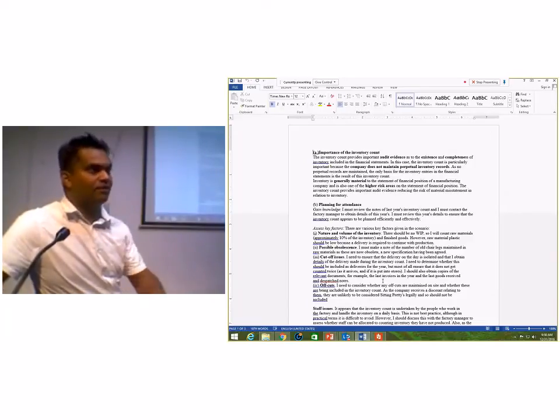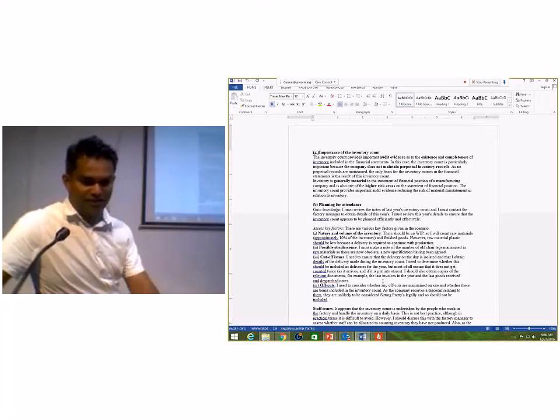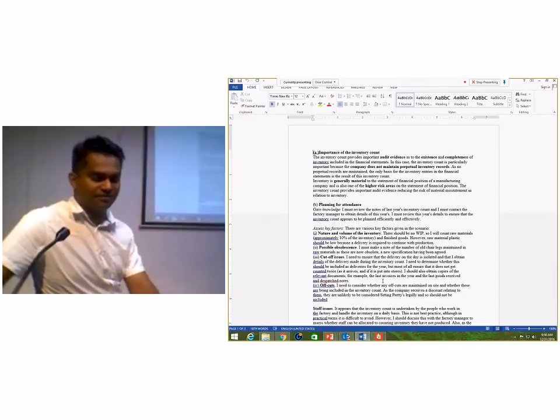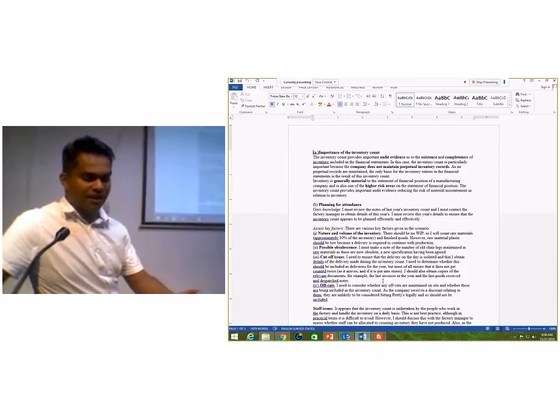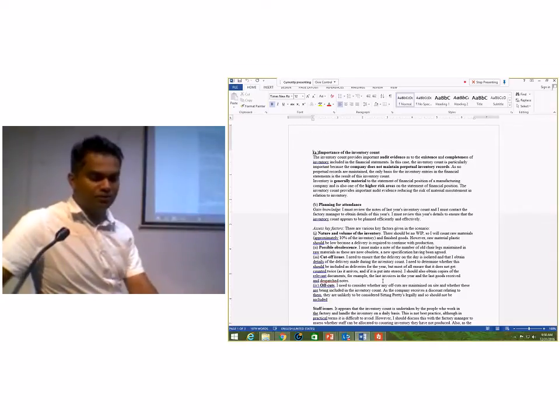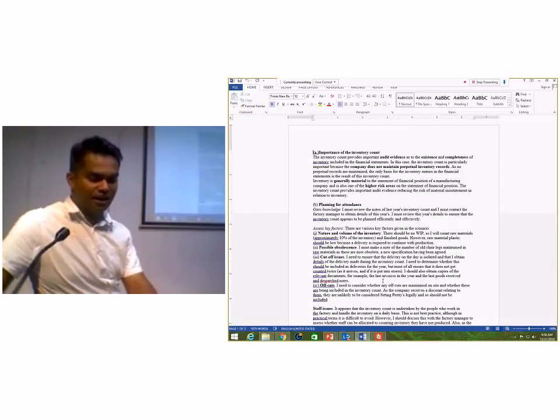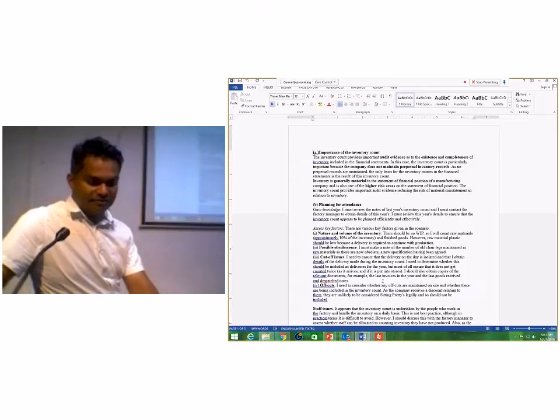Why? Inventory is considered a highly moving item in a business, purchased and used in the production process. Therefore you want to focus more on that. That's why you should have a proper set of documents, the so-called perpetual inventory records.